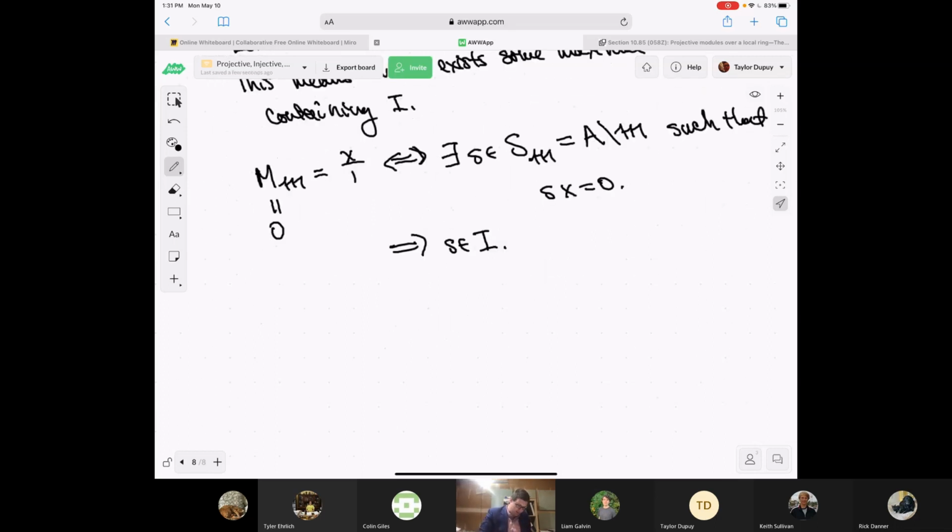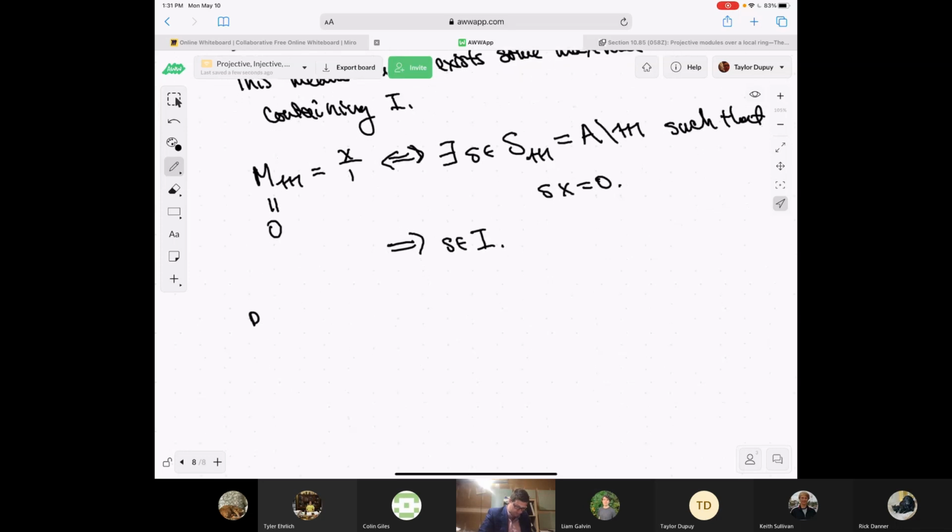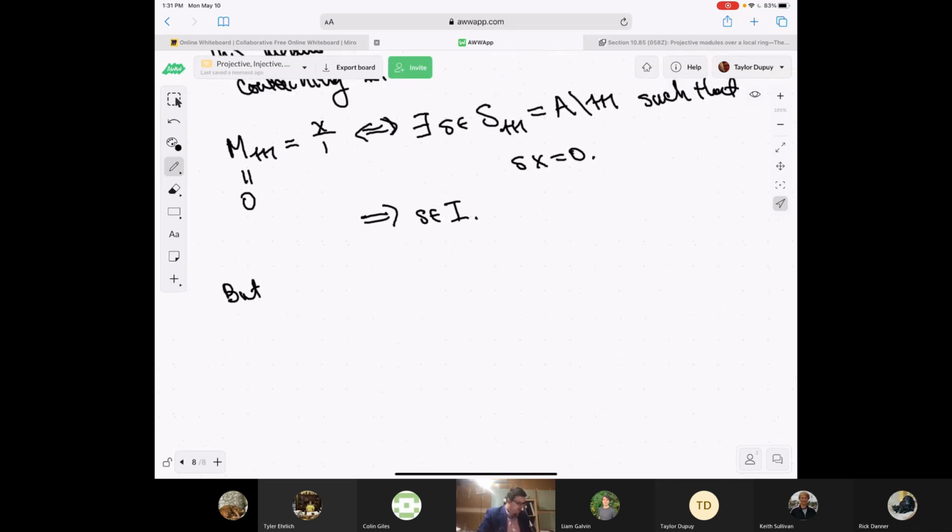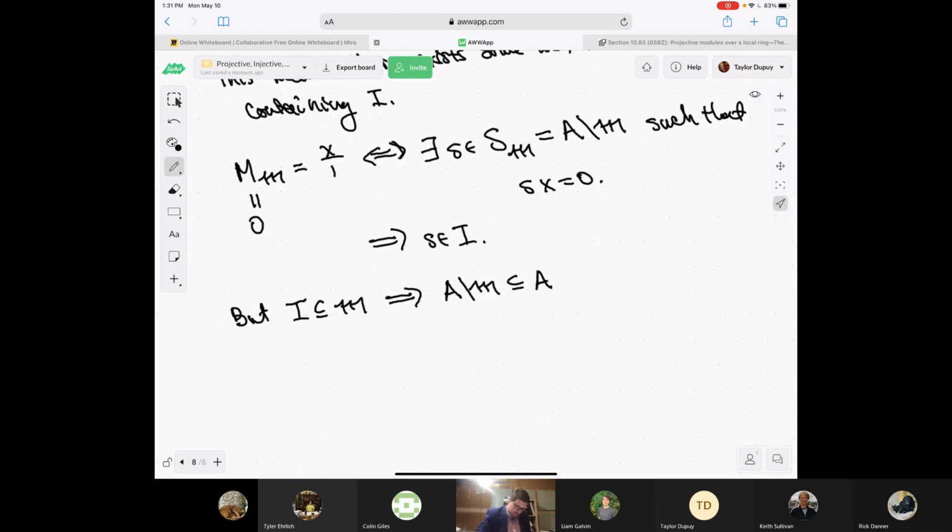But this is an issue. So I claim that this is a contradiction. This thing here, I, is contained in M. And this means that A set minus M is contained in A after I remove the annihilator.